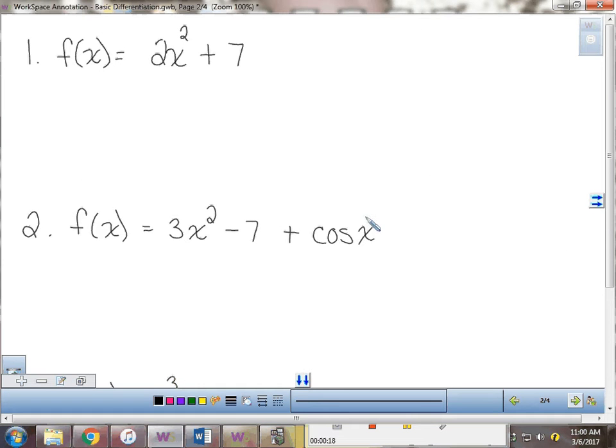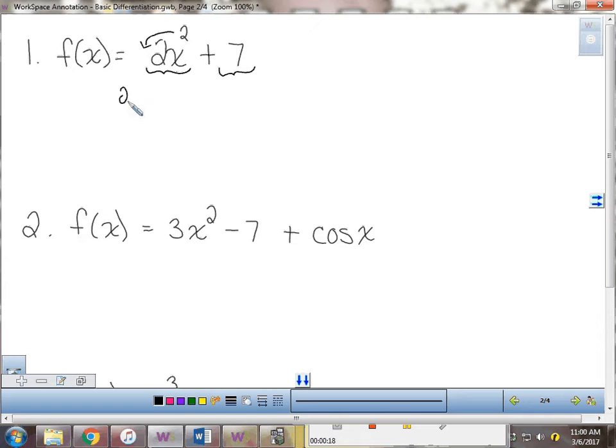Number 1, I'm wanting to take the derivative of 2x squared plus 7. So here I have two terms, right? I have one term, and then I have the second term. You do them each separately. So remember the rule is you pull this down to the front. So I'm going to pull the 2 down to the front and multiply.